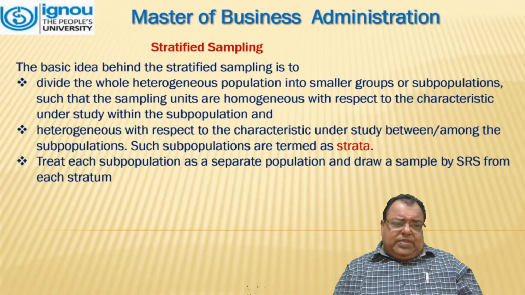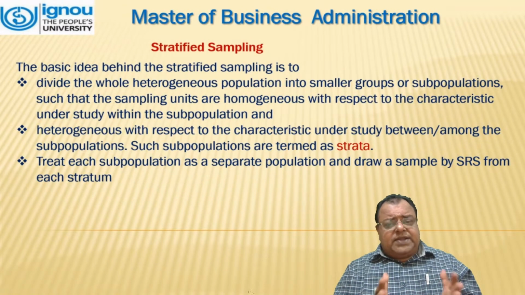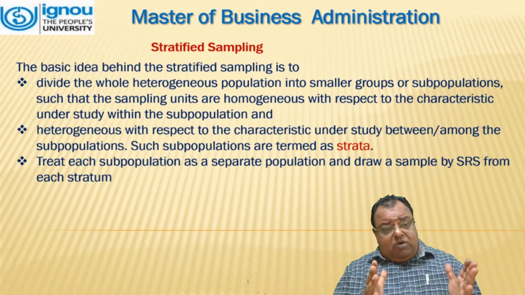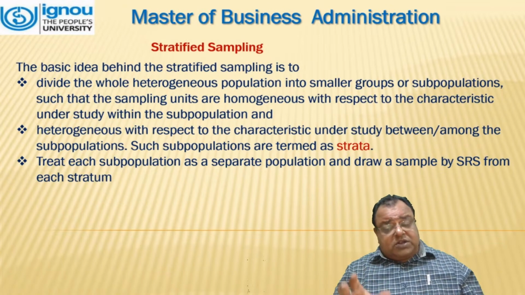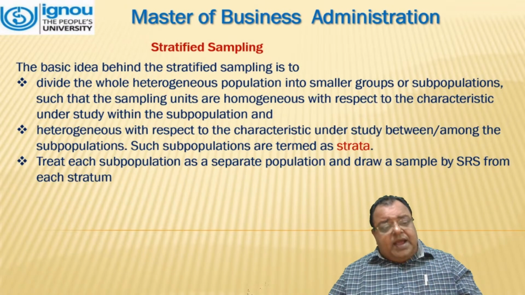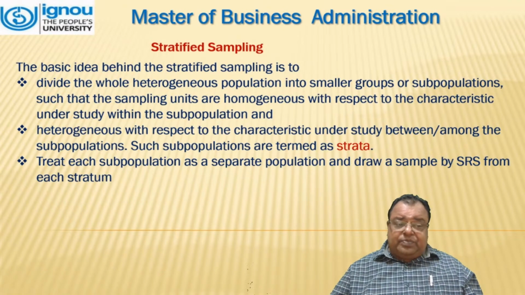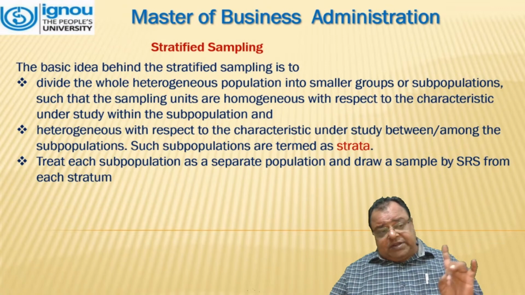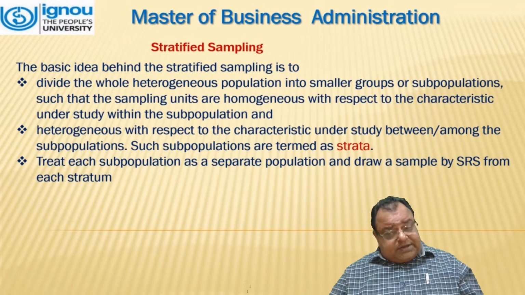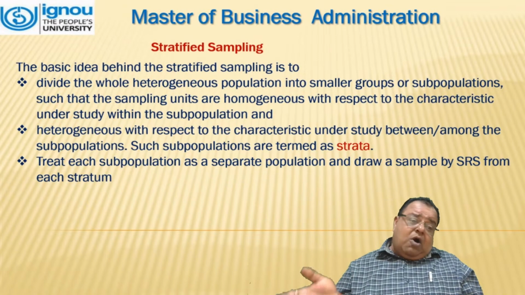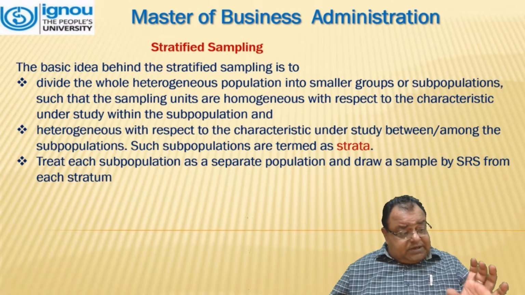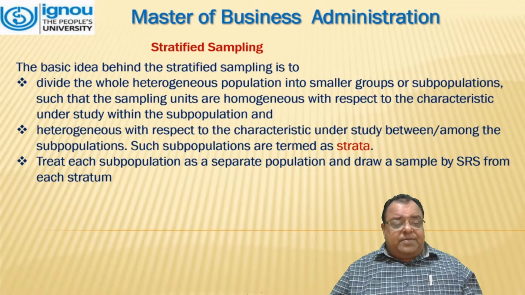Stratified sampling. The basic idea behind stratified sampling is to divide the whole heterogeneous population into smaller groups or subpopulations, such that the sampling units are homogeneous with respect to the characteristic under study within the subpopulation, and heterogeneous with respect to the characteristic under study between or among the subpopulations. These subpopulations are termed as strata.